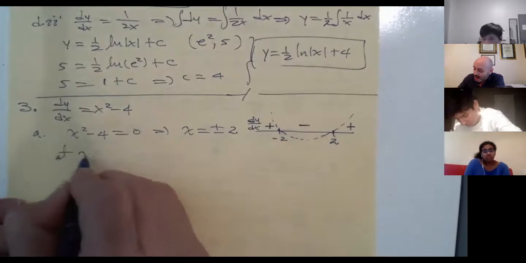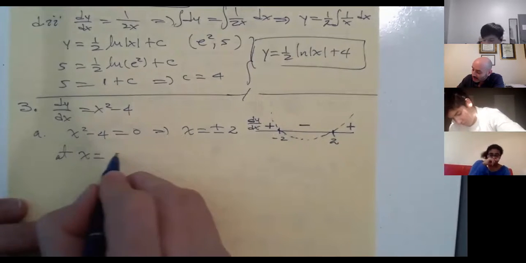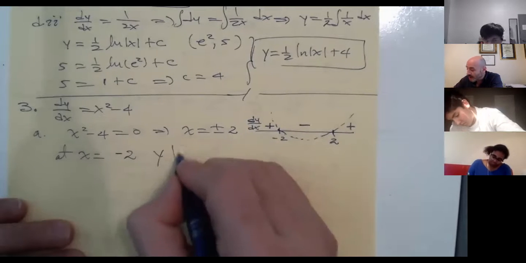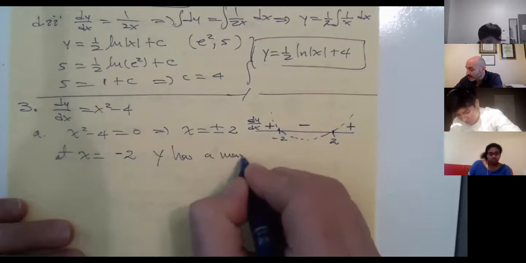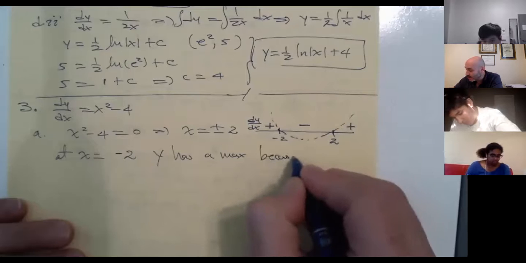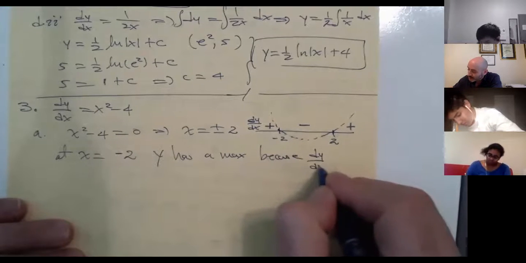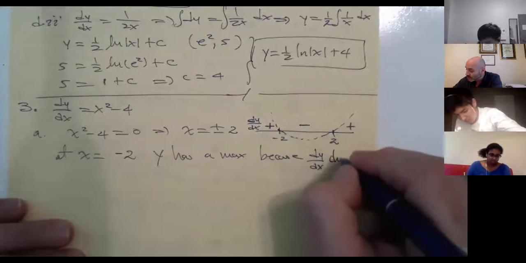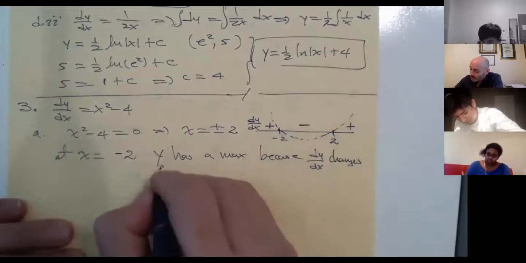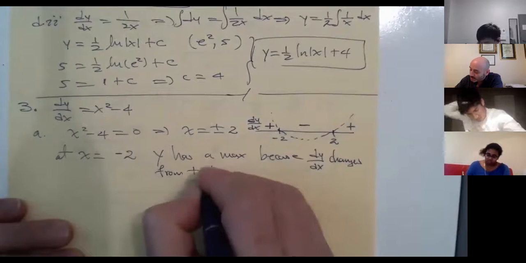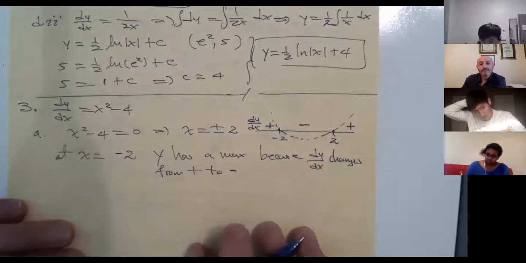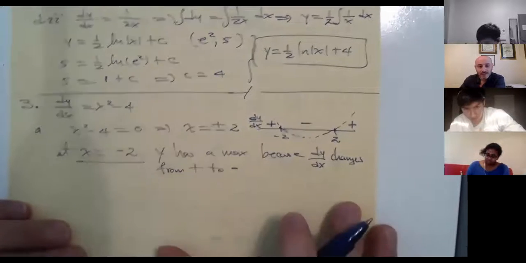So at x equals -2, y has a max because dy dx, the derivative, changes from positive to negative. Okay, so that's where the maximum is.